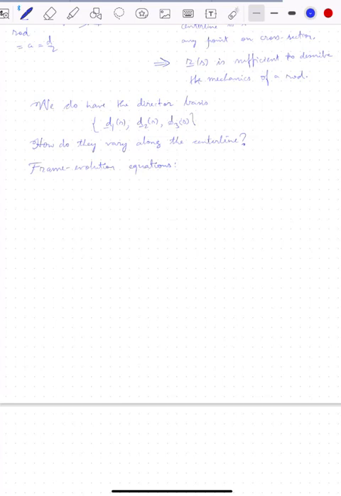Then in Einstein's convention, we can note di prime of s is equal to u of s cross di of s, where i varies from 1 to 3.